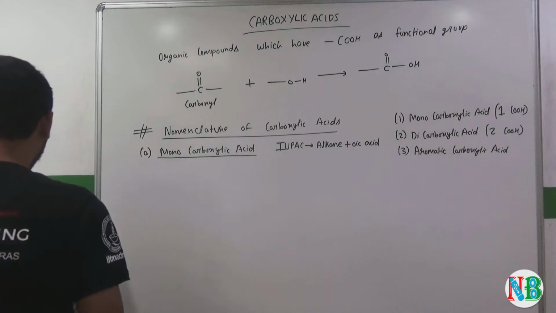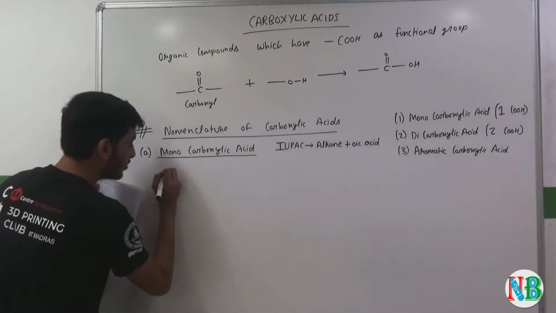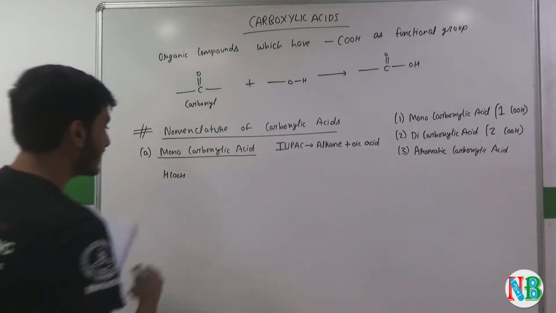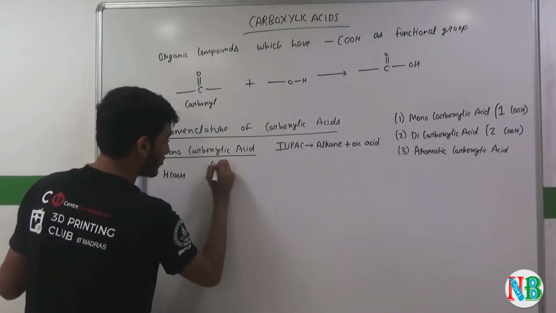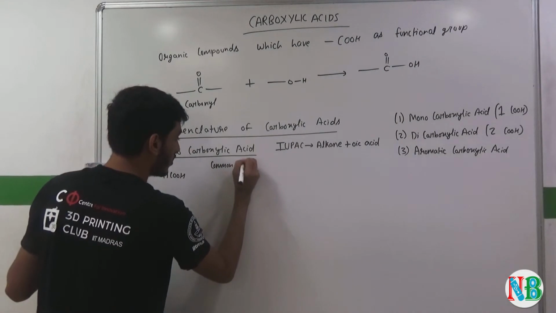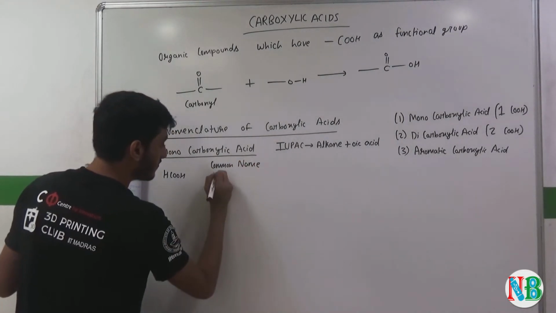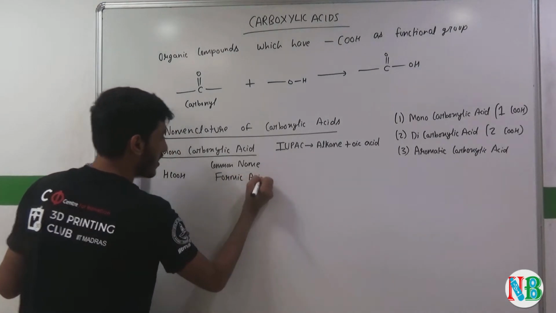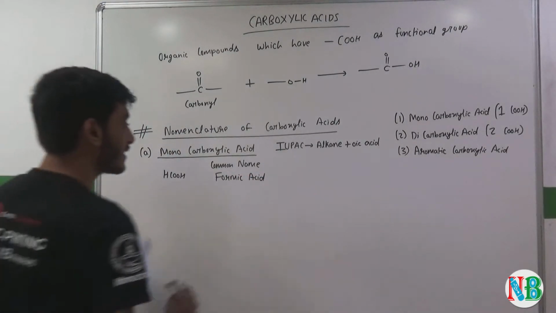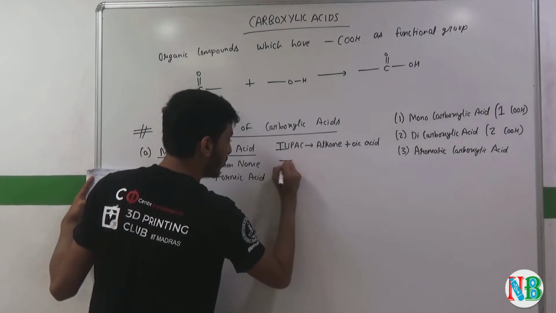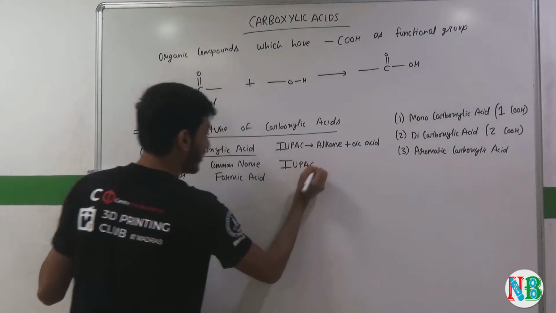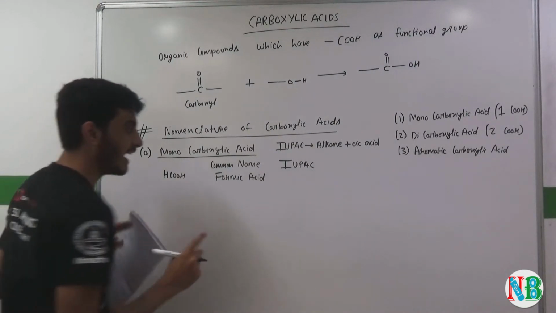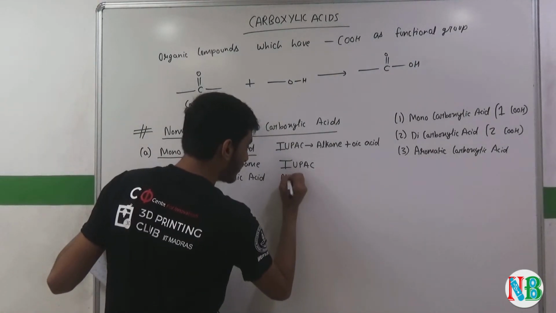Okay. So for example, suppose you have HCOOH. Now this compound has a common name of formic acid. Whereas if you have to name this compound using the rules of IUPAC, first of all, it has only one C atom, so it is methane.